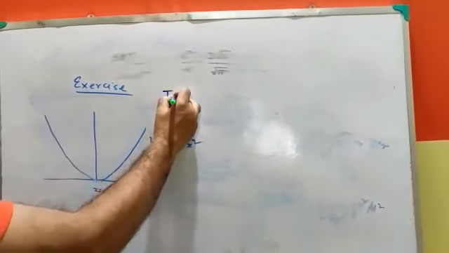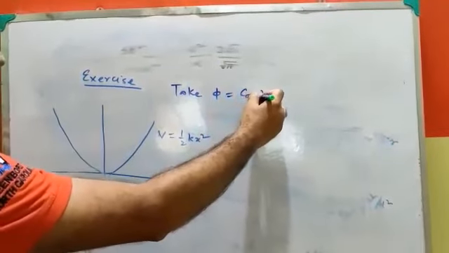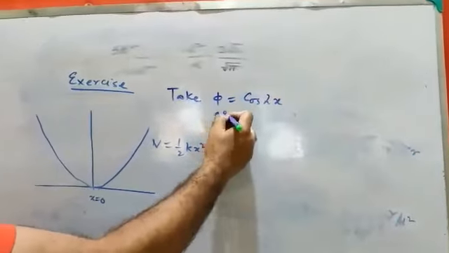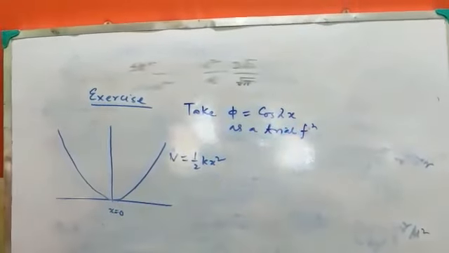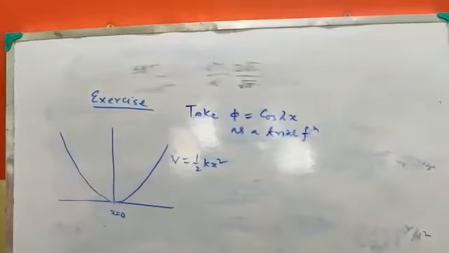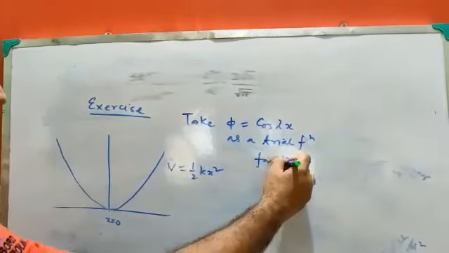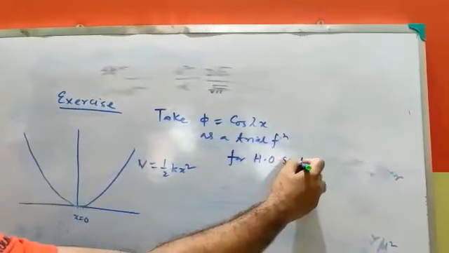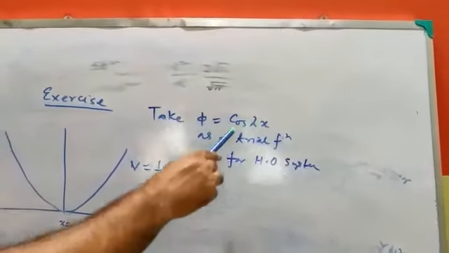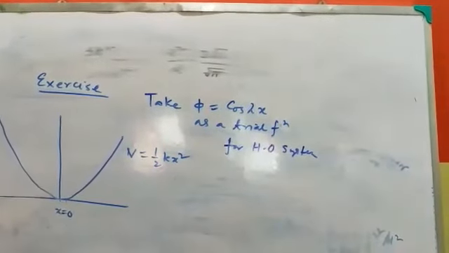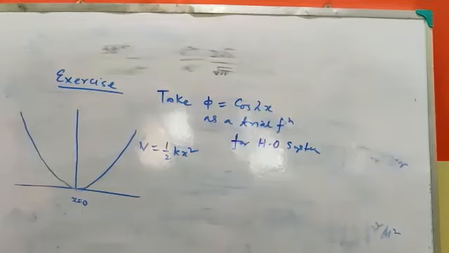Take phi equal to cos lambda x as a trial function for the harmonic oscillator system, because this cos lambda x is also a symmetric function with respect to x equal to 0.